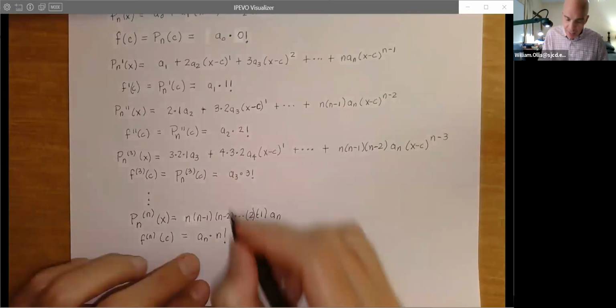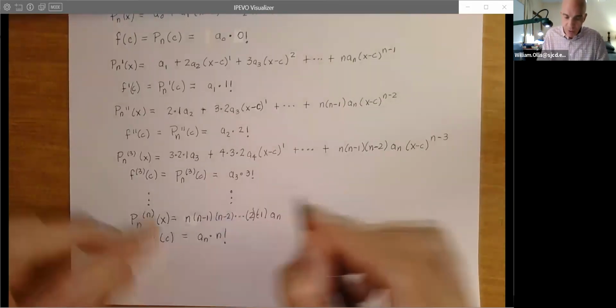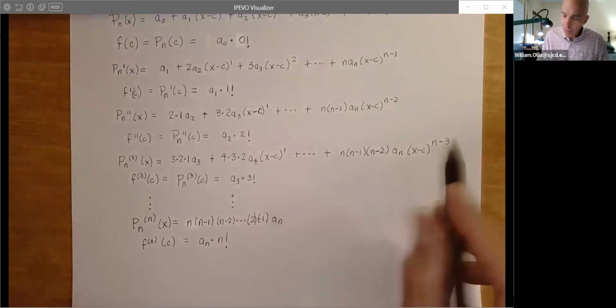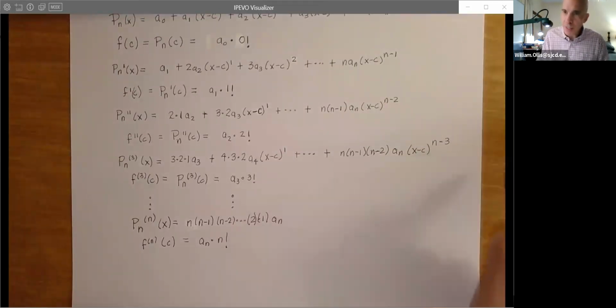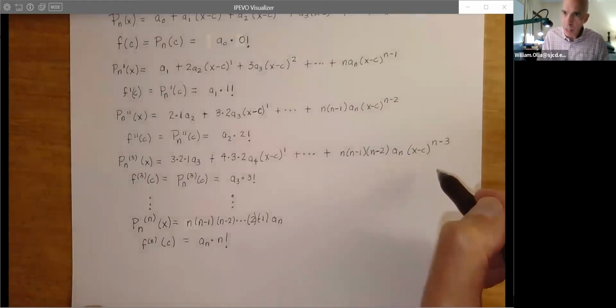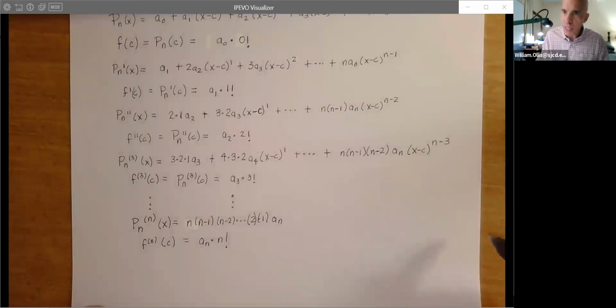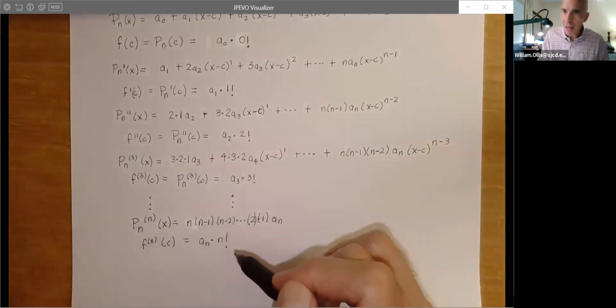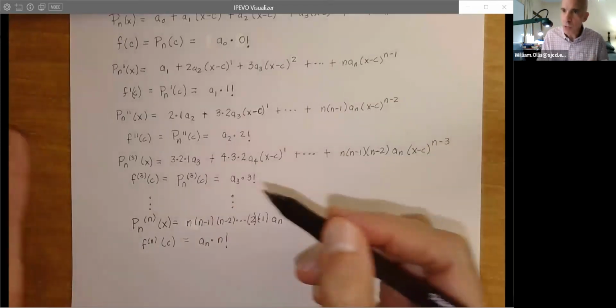So this is what I mean when the n factorial started to come into the mix. Now, of course, if this were an infinite series, when we talk about the Taylor series, then we'll have extra terms out here that'll clearly all go to 0 because they'll have the x minus c in them. So this argument will come back up again, but we won't have to do it again.